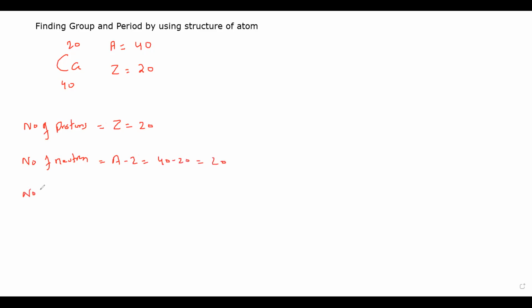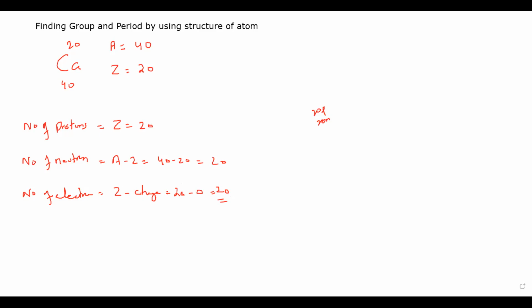And number of electrons is Z minus the charge, but there is no charge here, so it is 20 minus 0, which is 20. So we have to arrange 20 electrons to draw the structure. In the center we have 20 protons and 20 neutrons.